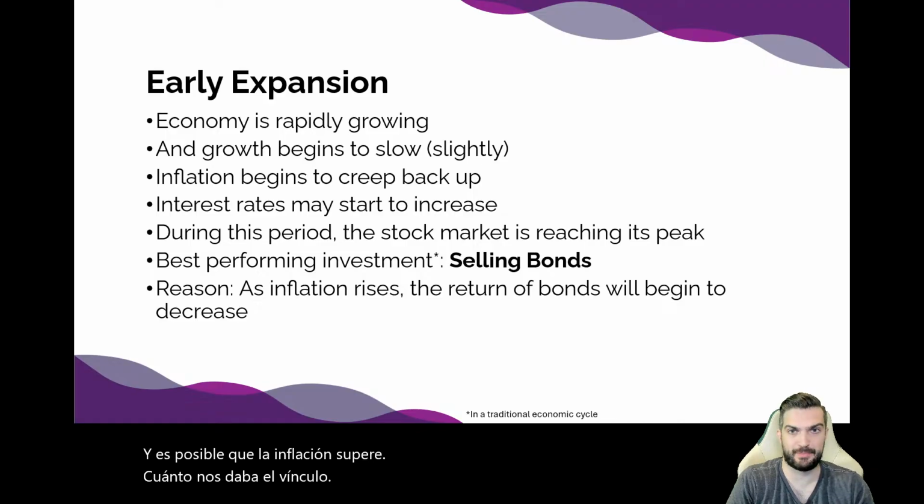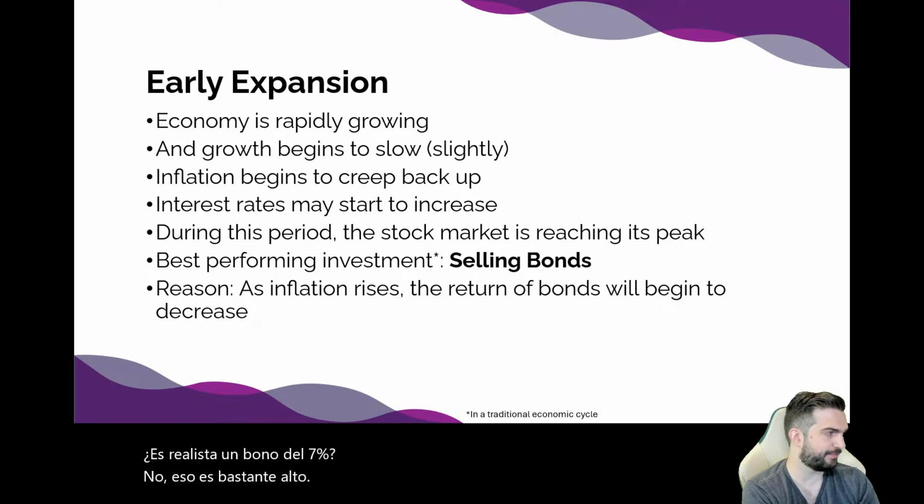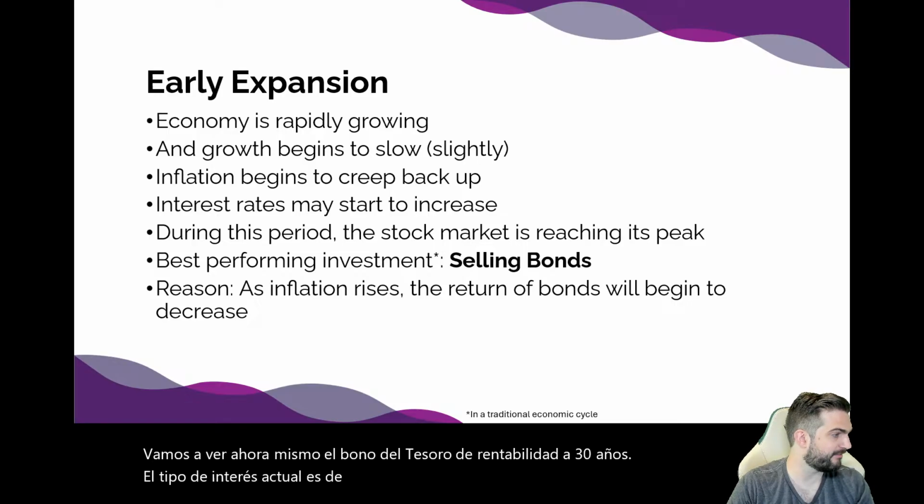Is a 7% bond realistic? No, that's pretty darn high. Let's actually look at the 30-year Treasury yield right now. Current interest rate is 4.7%.